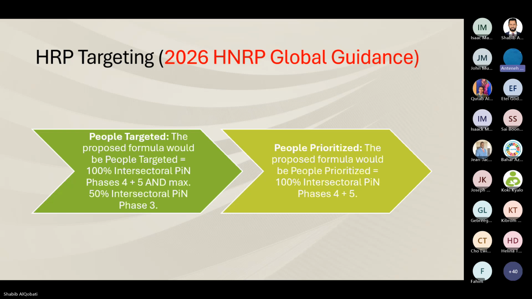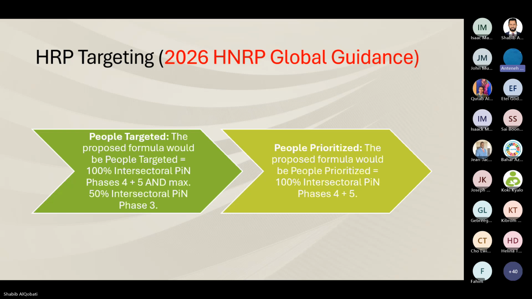So the same logic applies, the same recommendation applies for nutrition. Primarily, phase 4 and 5 are automatically included, but you can also include 50% of phase 3 as your priority. But again, as you all know, in the HNRP there is a lot of back and forth, a lot of discussion and negotiation with the intersectoral mechanism and the HCT.